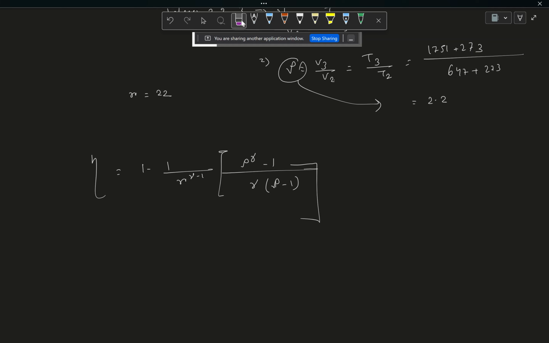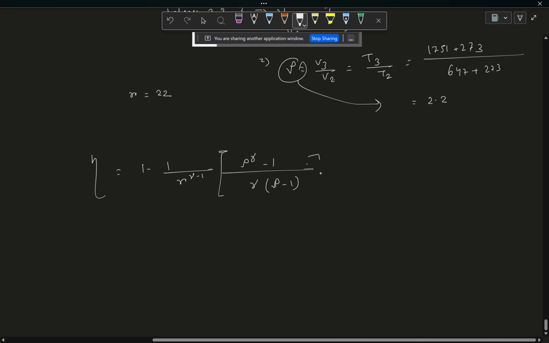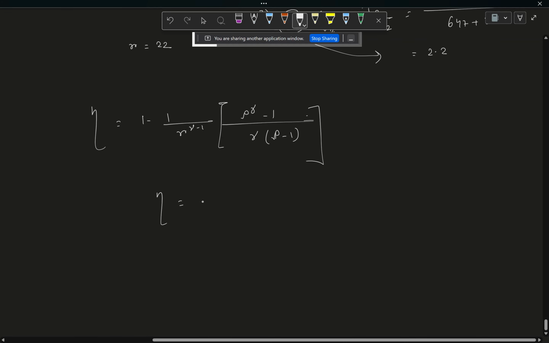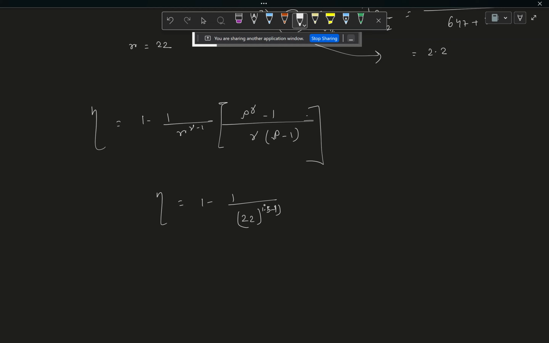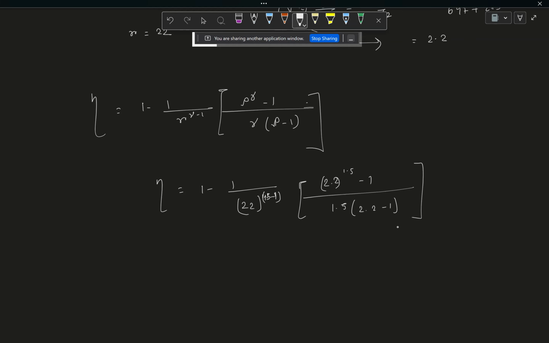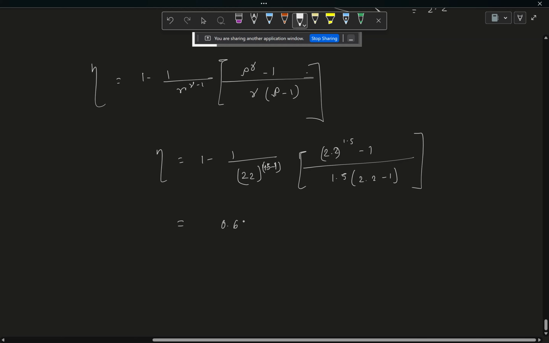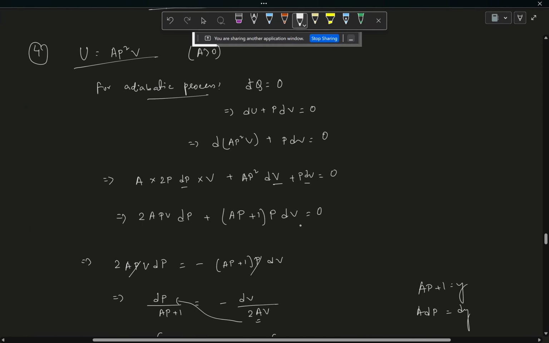So eta for the diesel engine will be 1 minus 1 by 22 to the power 1.5 minus 1, which is 0.5, into 2.2 to the power 1.5 minus 1, divided by 1.5 into 2.2 minus 1. By carefully solving it, we get 0.65, which is 65% efficiency of the diesel engine. So let us check the answer.